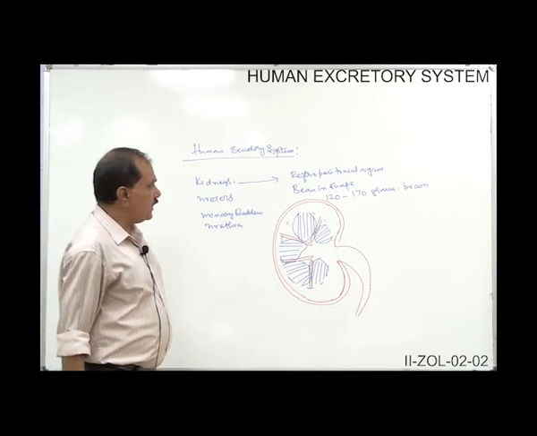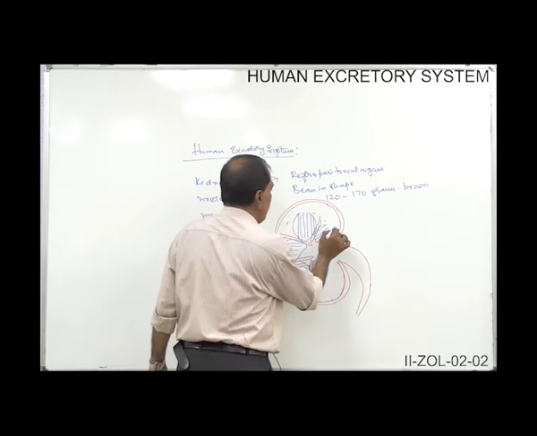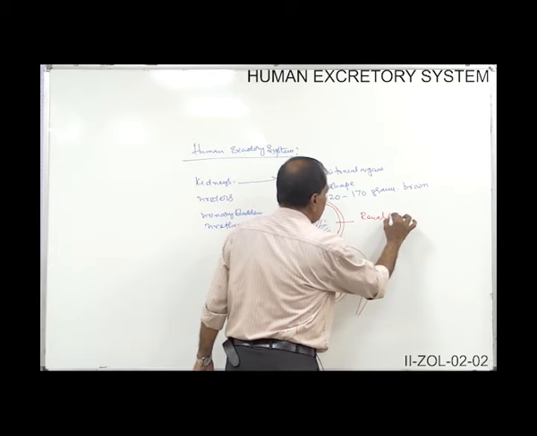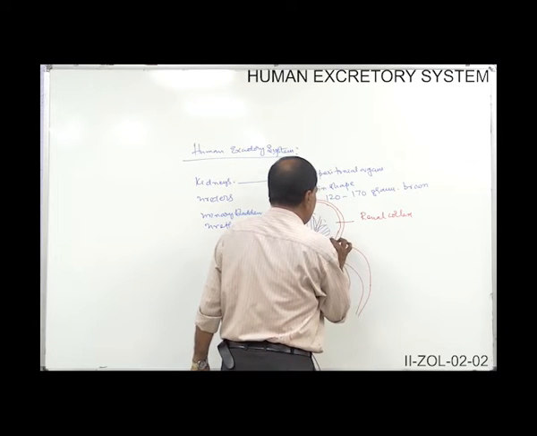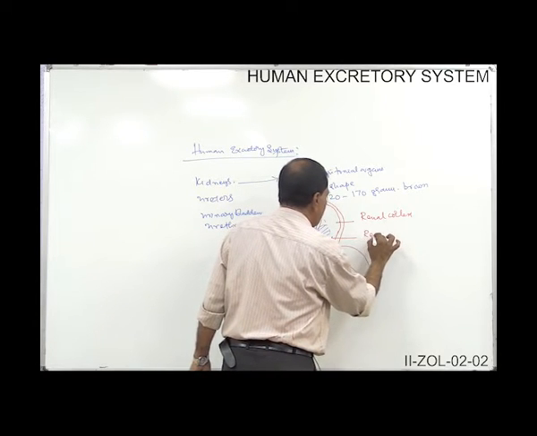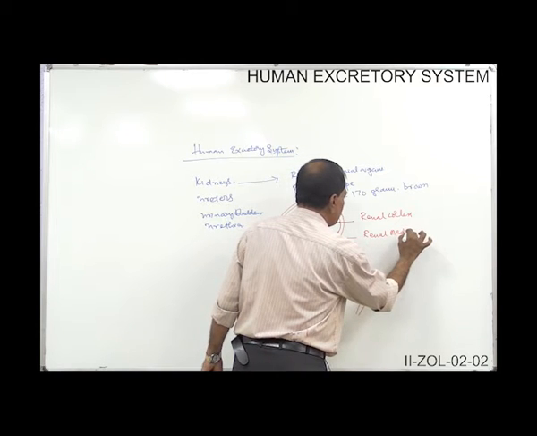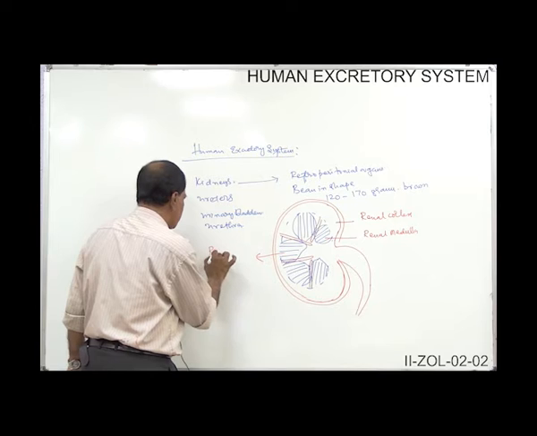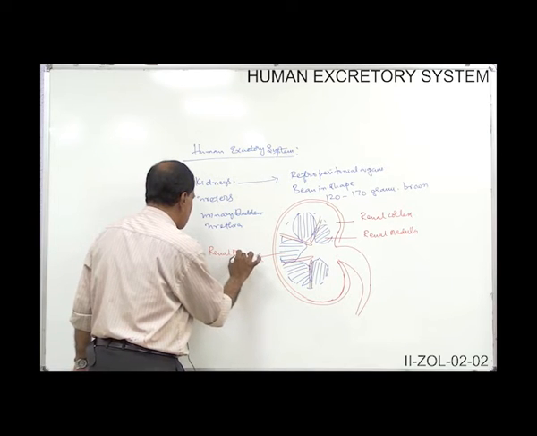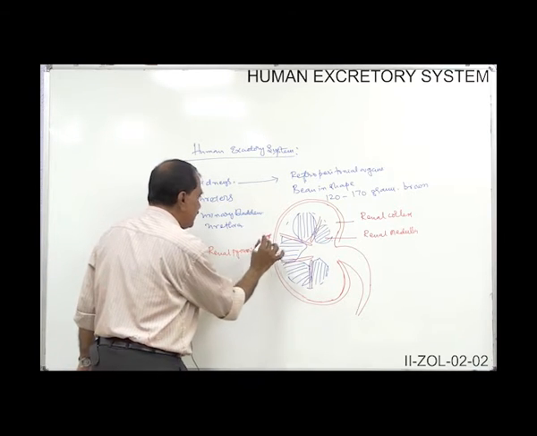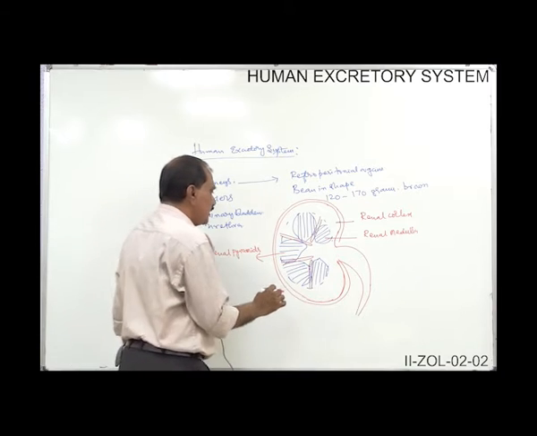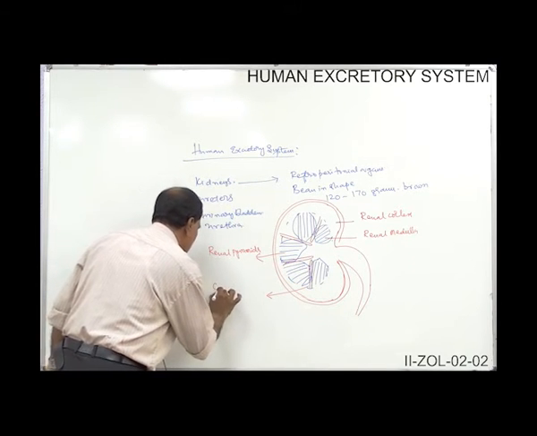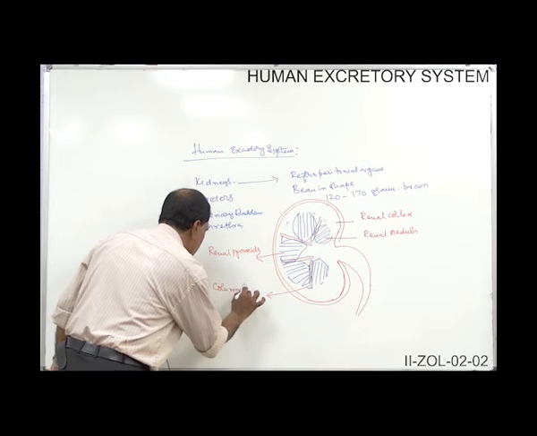The kidneys, which are bean in shape, have the outer part, which is called the cortex, that is the renal cortex. The second one is called the medulla, the renal medulla. In the renal medulla, we can see the renal pyramids. In between the two pyramids, we can see the columns of Bertini, which start from the cortex.